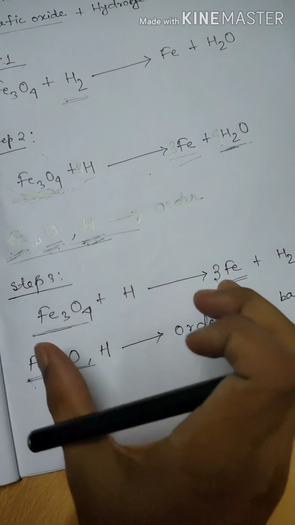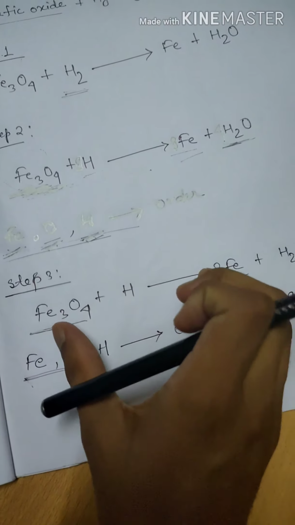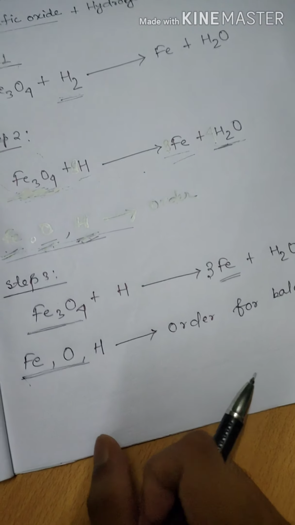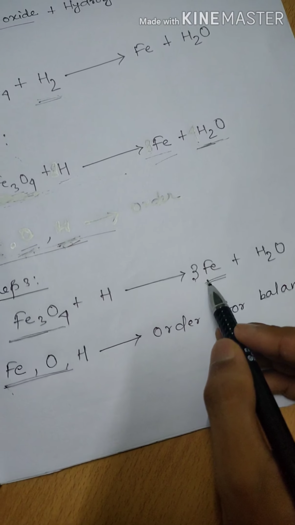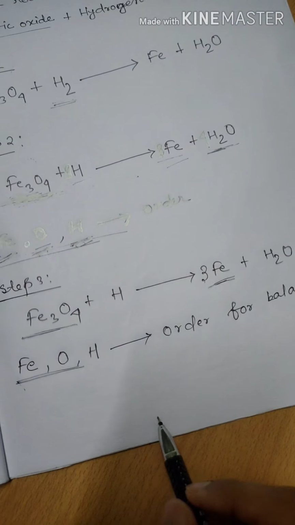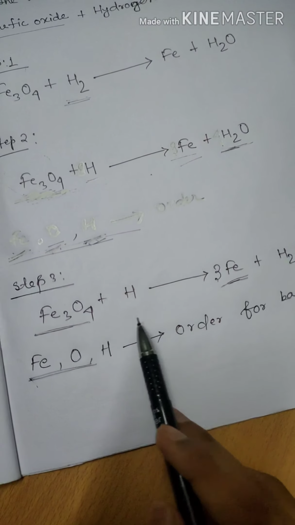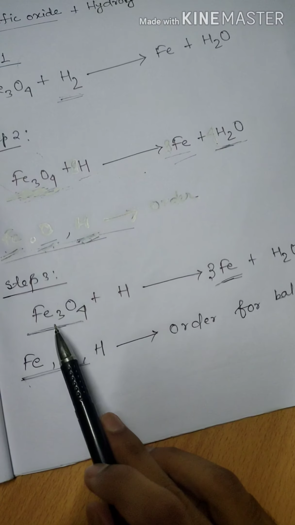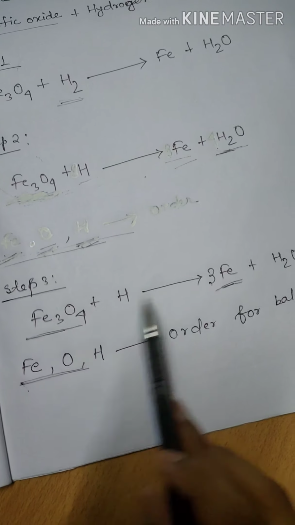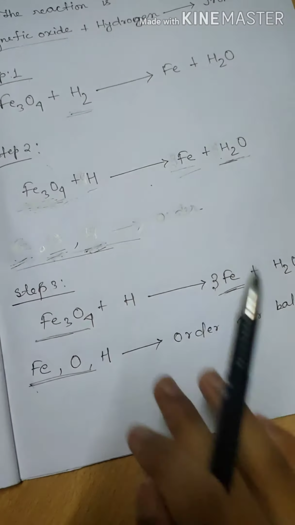Then only the number of iron atoms on both sides will be the same. Okay, so we have multiplied by 3 on the right side.